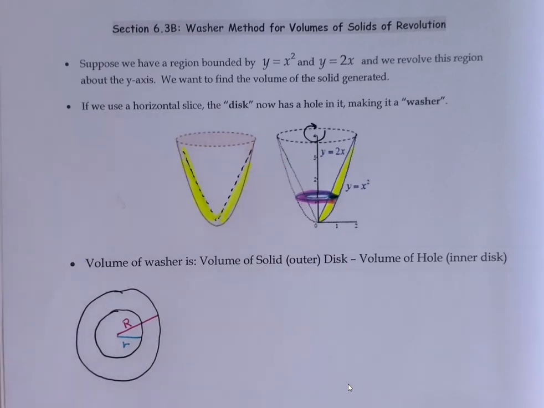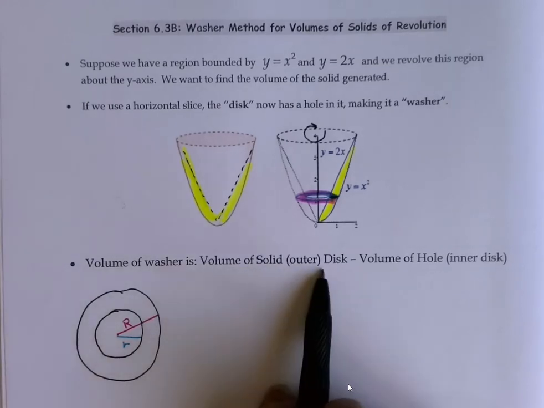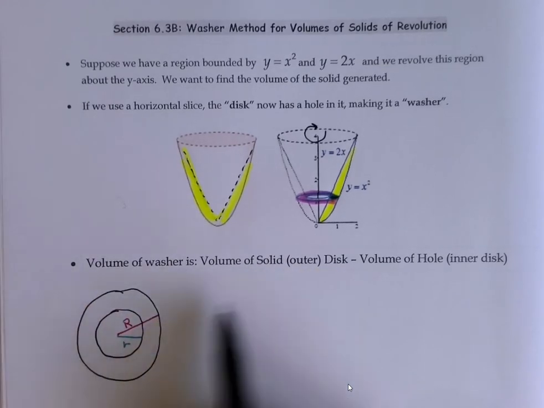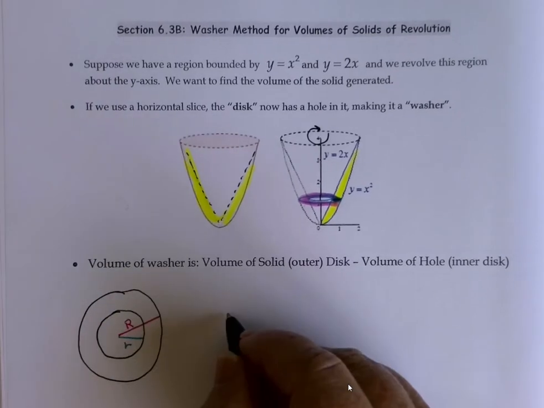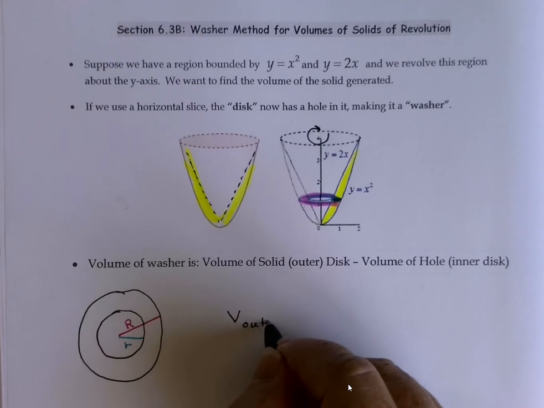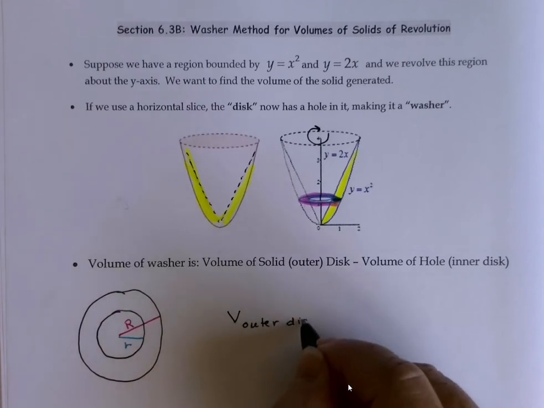And we'll end up taking essentially two disk methods and subtracting them. We'll take the volume of the solid or the outer disk and subtract the volume of the hole, the inner disk. Fortunately, we already know how to do the disk method, so this isn't going to be too bad.